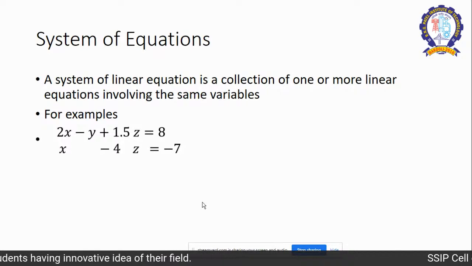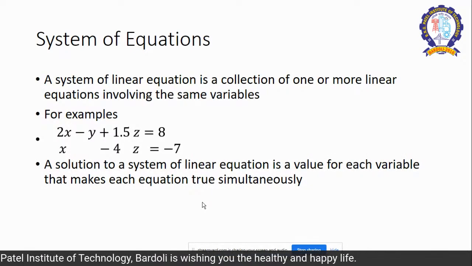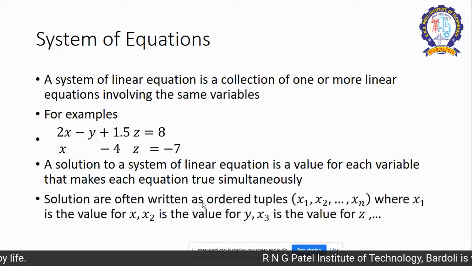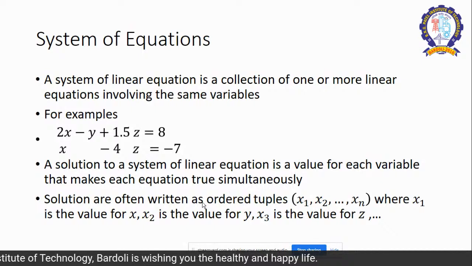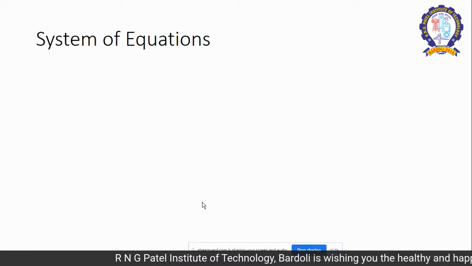A solution to a system of linear equations is a value for each variable that makes each equation true. Solutions are often written as an ordered tuple x1, x2 up to xn, where x1 is the value for x, x2 is the value for y, x3 is the value for z, and so on.